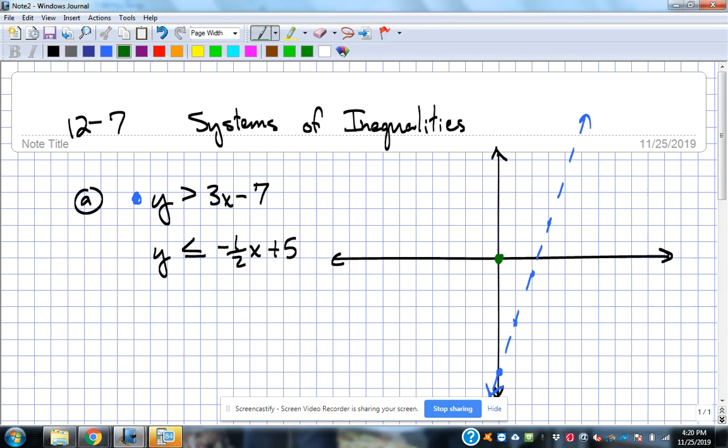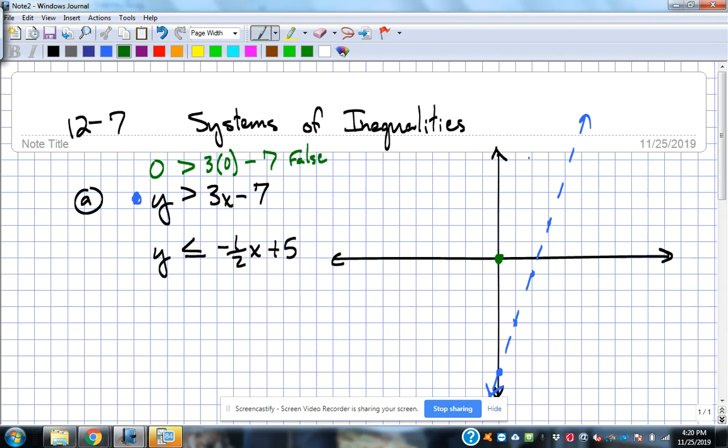If the line goes through it, just pick a different one that the line doesn't touch. So I'm going to test 0, 0 in this problem. I'm plugging in 0 for x and 0 for y and deciding if that's true or false. Is 0 greater than negative 7? No, that's false, isn't it?